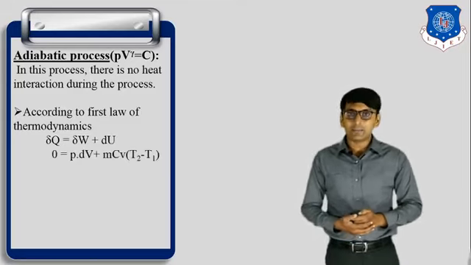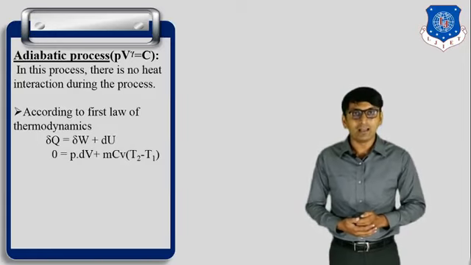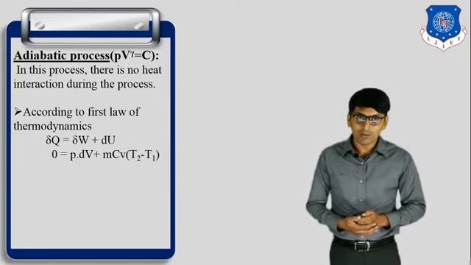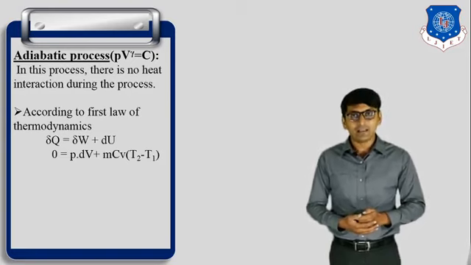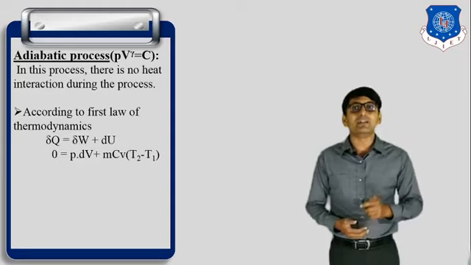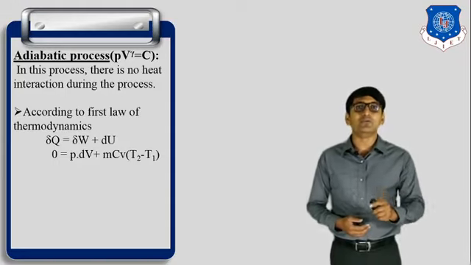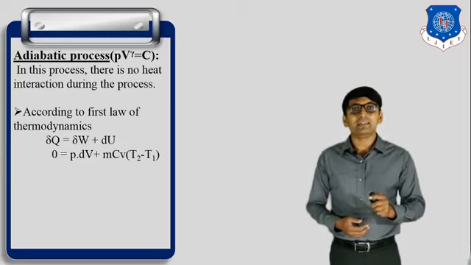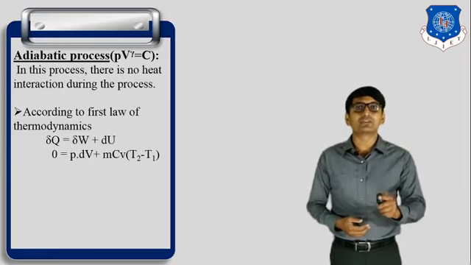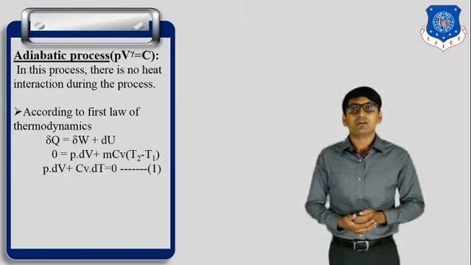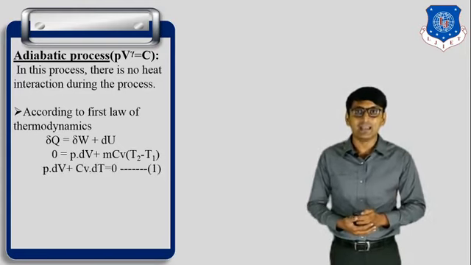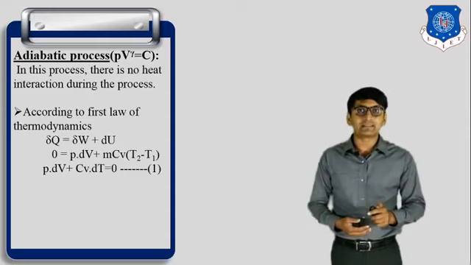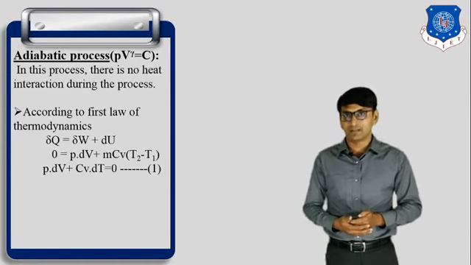In an adiabatic process there is no heat transfer, so dQ is equal to 0. Then dW is equal to P into dV, and dU is equal to m Cv (T2 minus T1), where Cv is the specific heat at constant volume. If we take the mass of gas as unit kg, then P into dV plus Cv into dT is equal to 0. That is equation number 1.